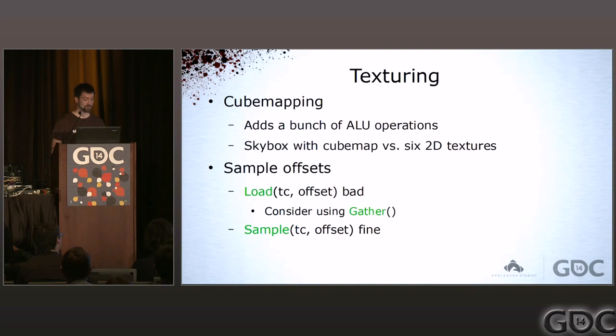In many of these cases, you might consider using gather instead to grab this data. It's probably going to be faster, since you're probably sampling the neighboring data if you're using texture offsets. So gather usually is the way to go here. For the general sample, on the other hand, the offsets are still baked into the instruction, so they're perfectly fine to use there.